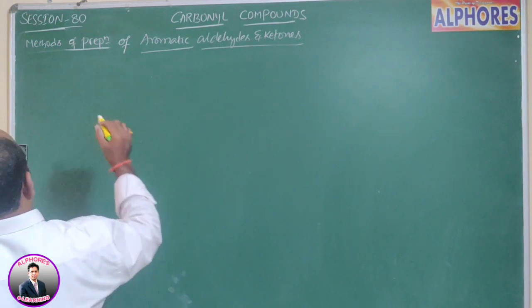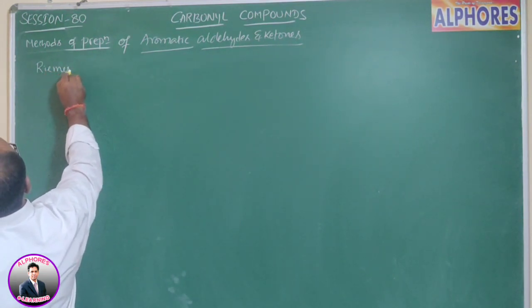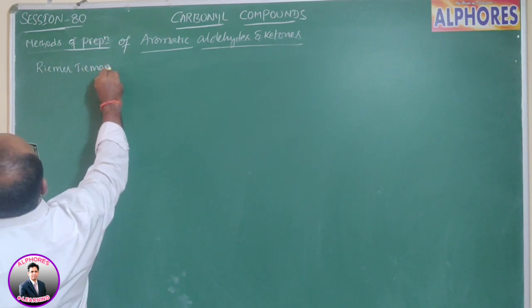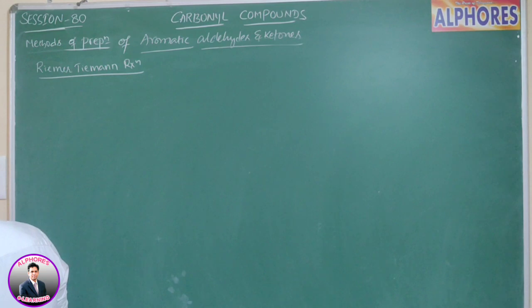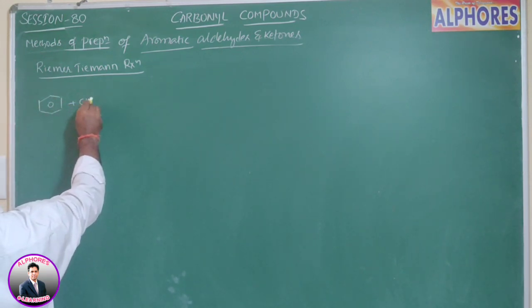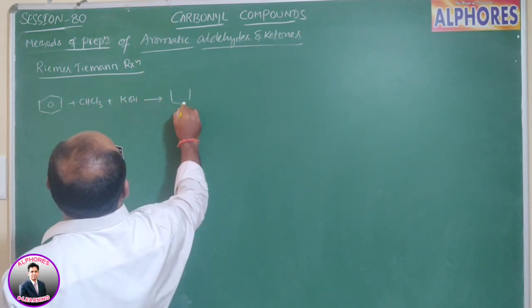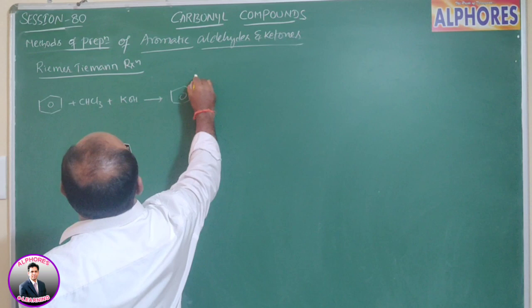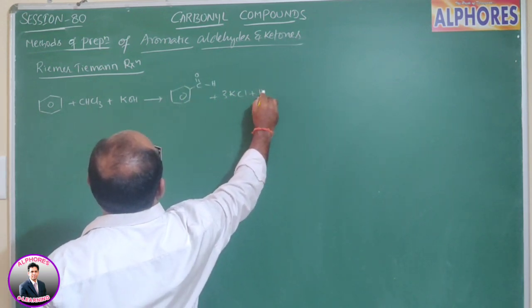One more method of preparation of aromatic aldehydes is Reimer-Tiemann reaction. Let us consider benzene upon reaction with chloroform in presence of alkali. We are getting benzaldehyde. Already we learned the mechanism also. Benzaldehyde, KCl and H2O.